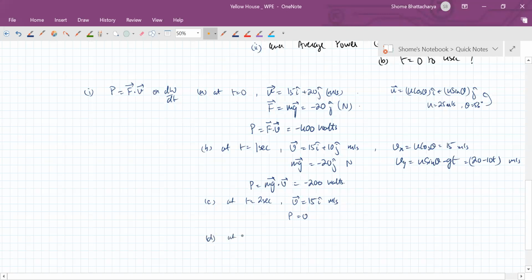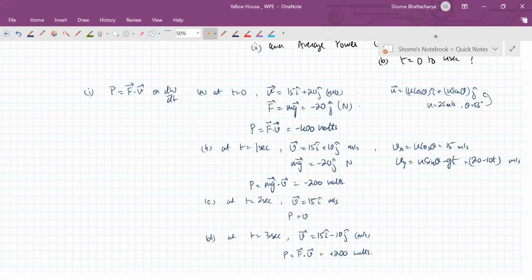And at t equal to 3 seconds, the velocity is 15 i cap minus 10 j cap. So plus 200 watts. Yes, Prince, that's correct. Good.